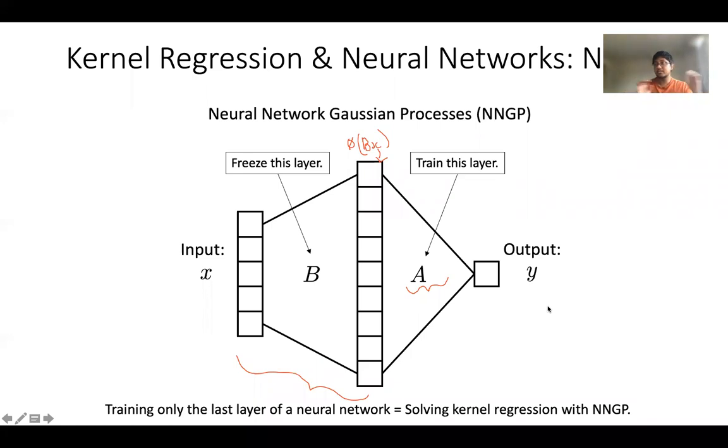Well, this is a very simple connection between training neural networks and solving kernel regression, kind of a trivial connection almost, where you just train only the last layer of the neural network. And I think one thing that already stands out as interesting here is that you can do this for any neural network, and it's exactly equivalent to solving a form of kernel regression.